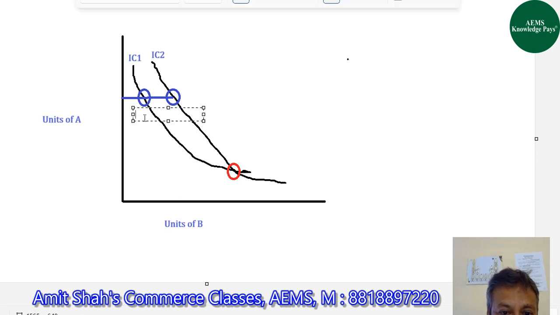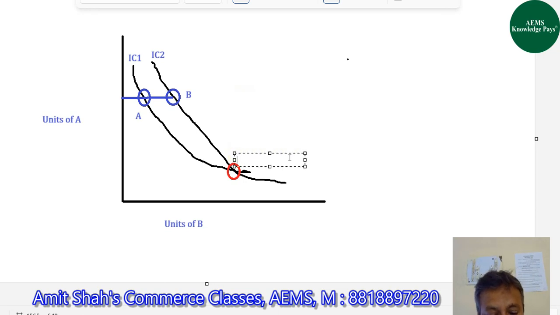I'm marking these points as point A and point B. And the intersection point of the two indifference curves I'm marking as C. So now on these two indifference curves we have three points A, B, and C, right?